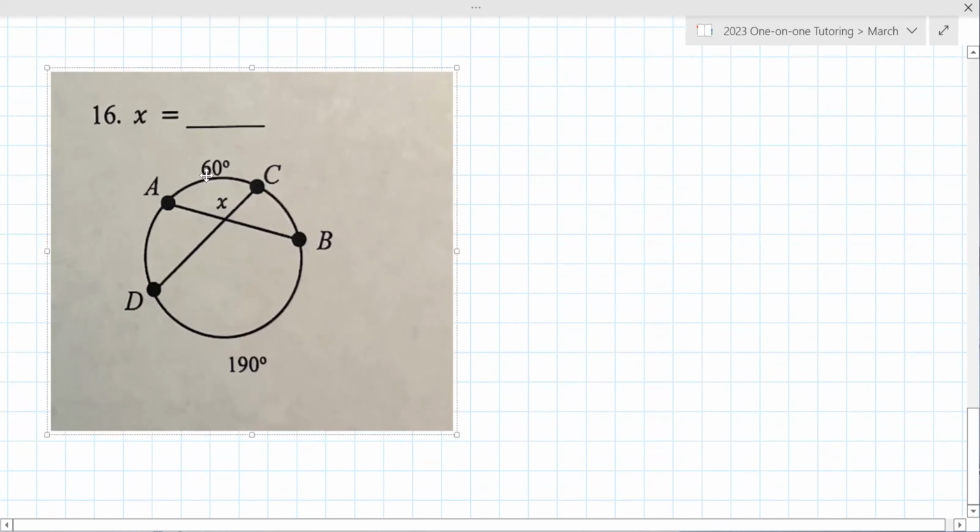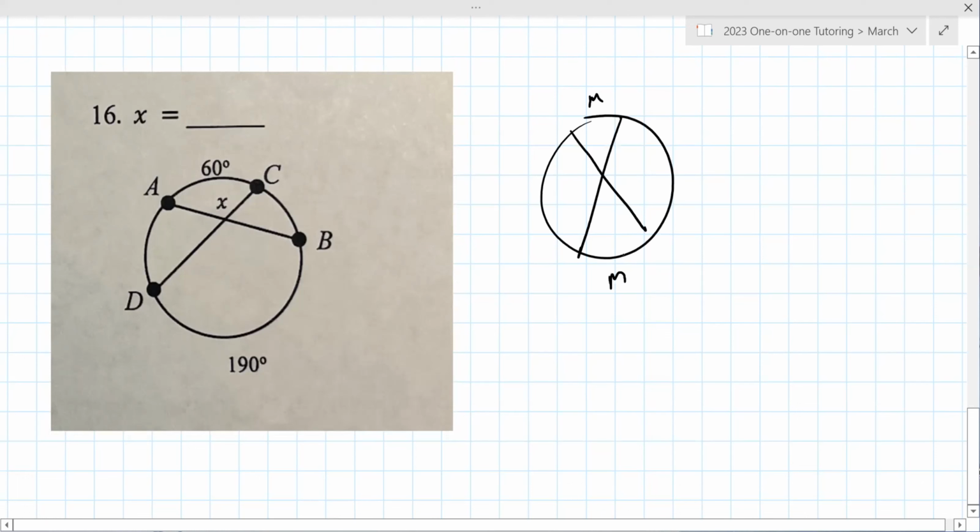Okay, so all of those problems, actually, let me backtrack. This one is now an angle inside the circle. These are kind of like the ones we were looking at last time. I still use this designation of little m and big M and X, but X is now the average. It's little m plus big M over 2.